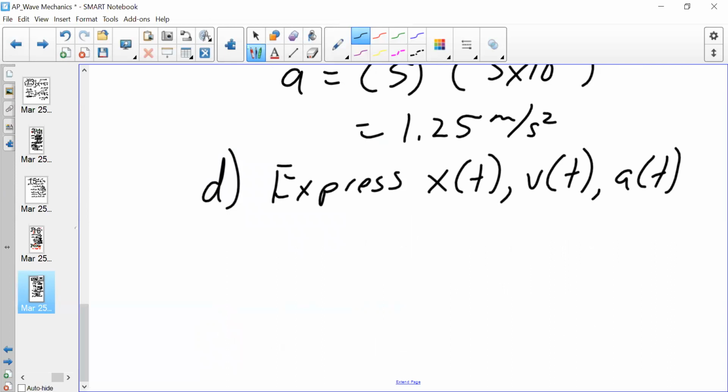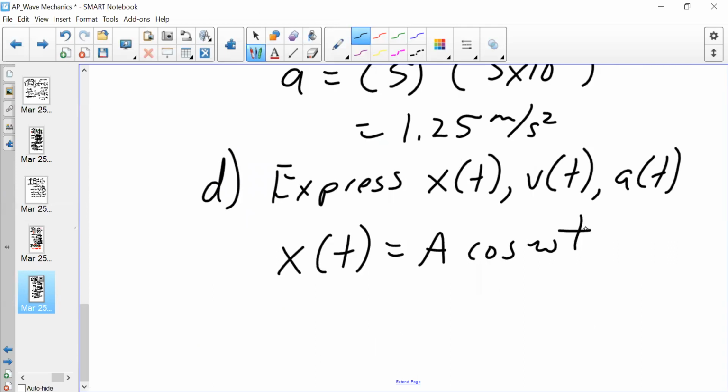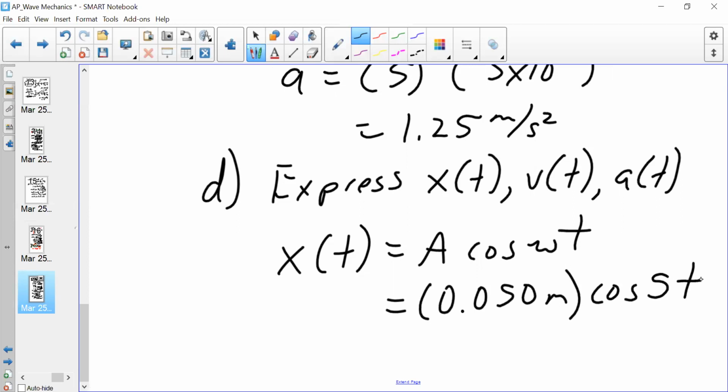So x equals A cosine omega t. We know A is the amplitude, how far it is from zero, 0.050 meters, 5 centimeters. So x is 0.05 cosine 5t. That allows you to figure out, for whatever moment in time, where it's going to be.